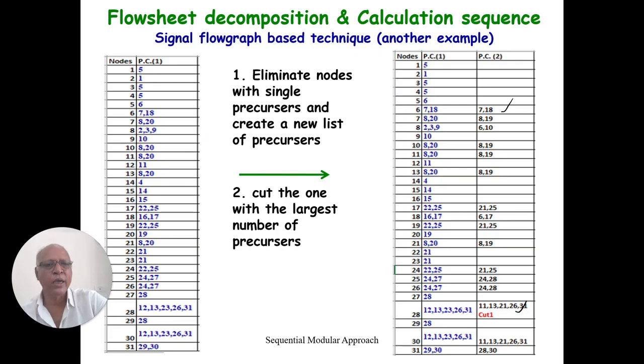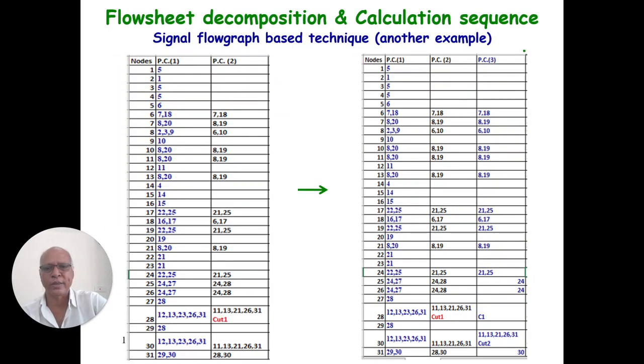Now let us see how to write the next level of precursors. Having decided to cut this tear stream, wherever you have 28, that should be replaced. 28 is already guessed, so I need information from only 24. So wherever you have 28, that should be removed, and this is the next level of precursor.